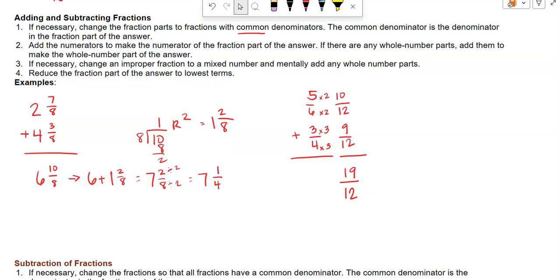So we're going to change that to a mixed number. And so let's see how many times 12 can go into 19. That can go into 19 one time, and that will give me a remainder of 7. So this means that 19 over 12 as a mixed number is 1 and 7/12.